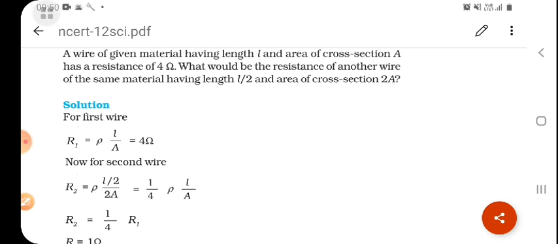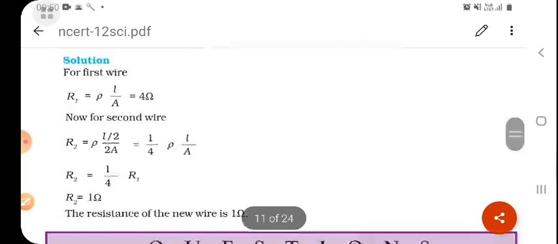For the first wire, R1 is equal to rho L by A, that is 4 ohms as given, and for the second wire, R2 is rho into L by 2 upon 2A, that is L by 4A, so R2 is 1 ohm. The resistance of the new wire is equal to 1 ohm.